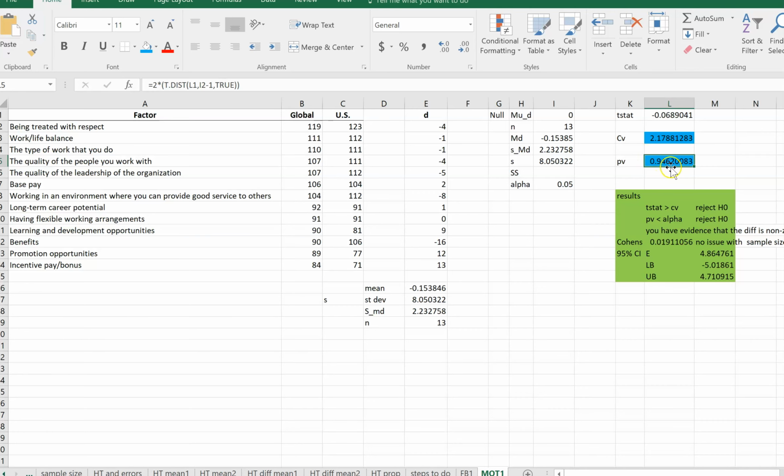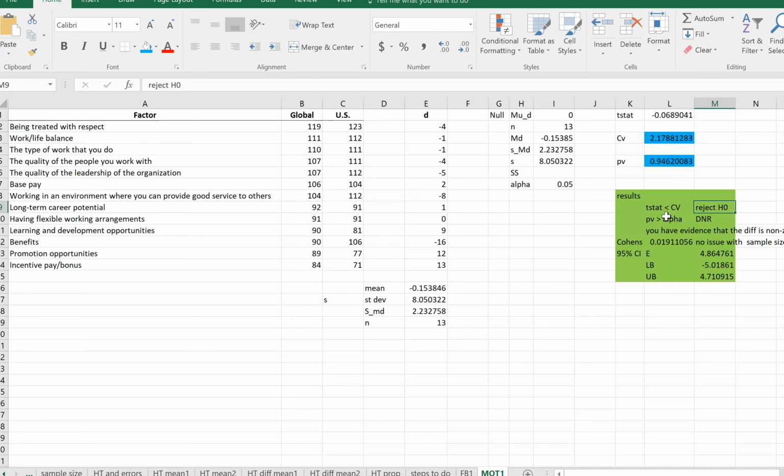And if your p-value is greater than alpha, which it is, then you do not reject. My p-value is clearly greater than alpha. And that means we DNR, we do not reject. Same thing here, my t-stat is clearly under the critical value.